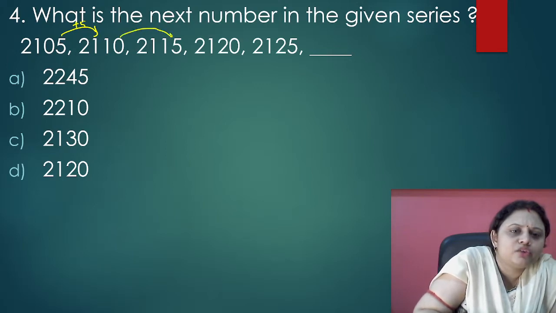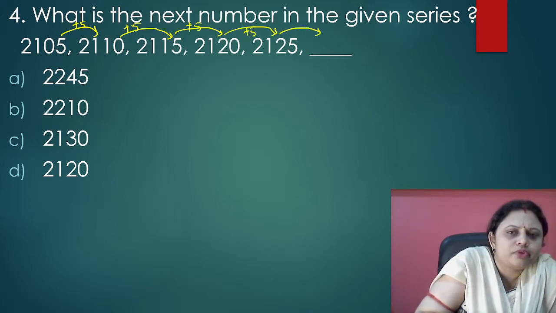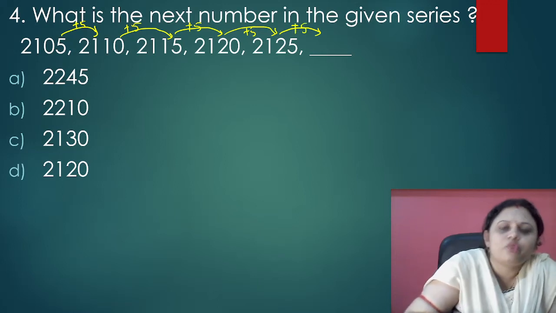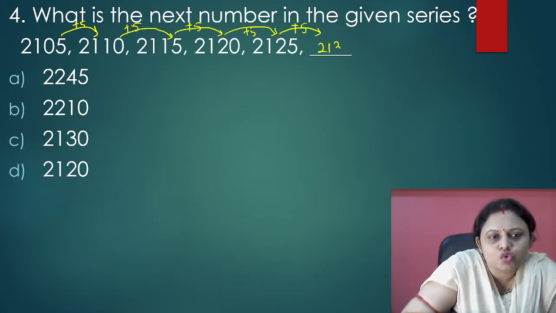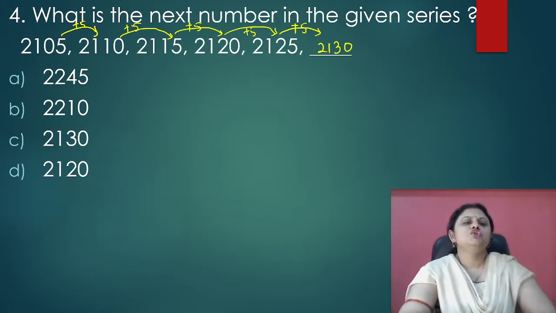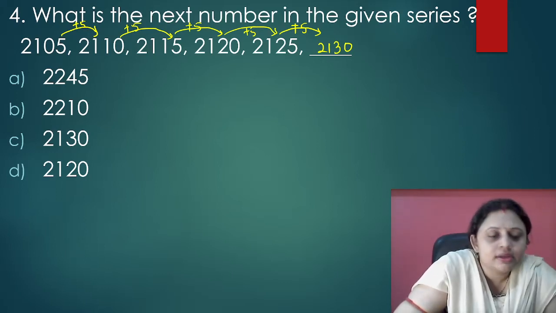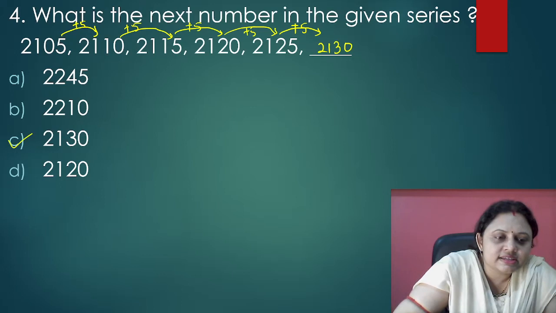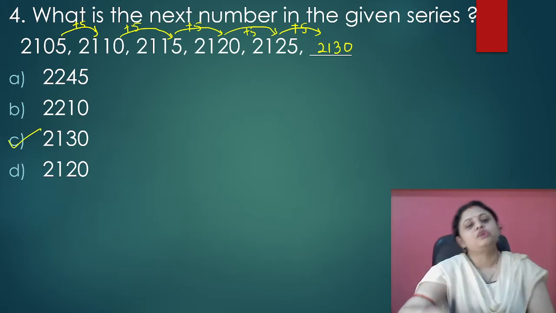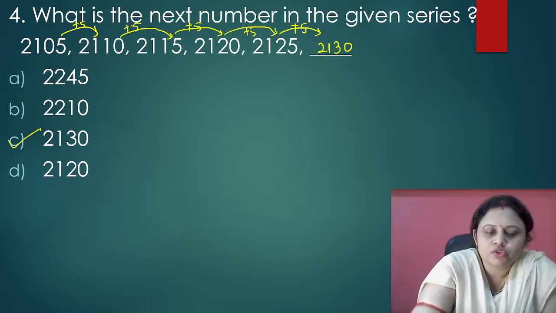Then 10 to 15, again plus 5. Then again plus 5. So there is a jump of plus 5. If you add plus 5 here, what number you get? That is 2130. Yes, it is present in option C, that is 2130.